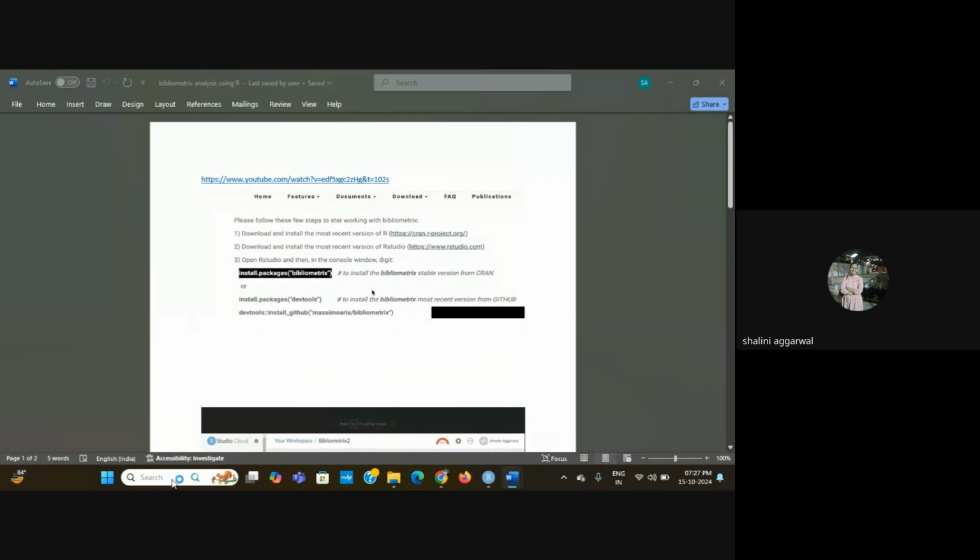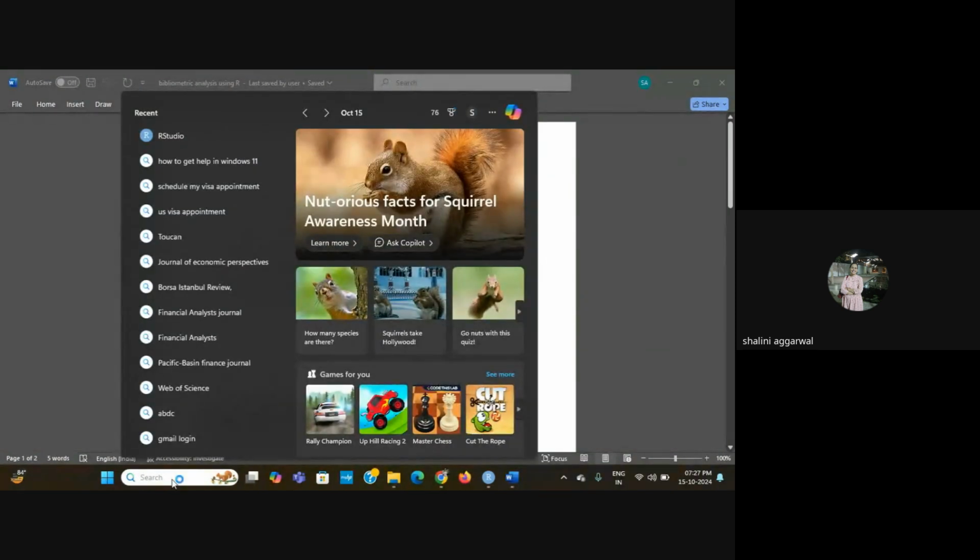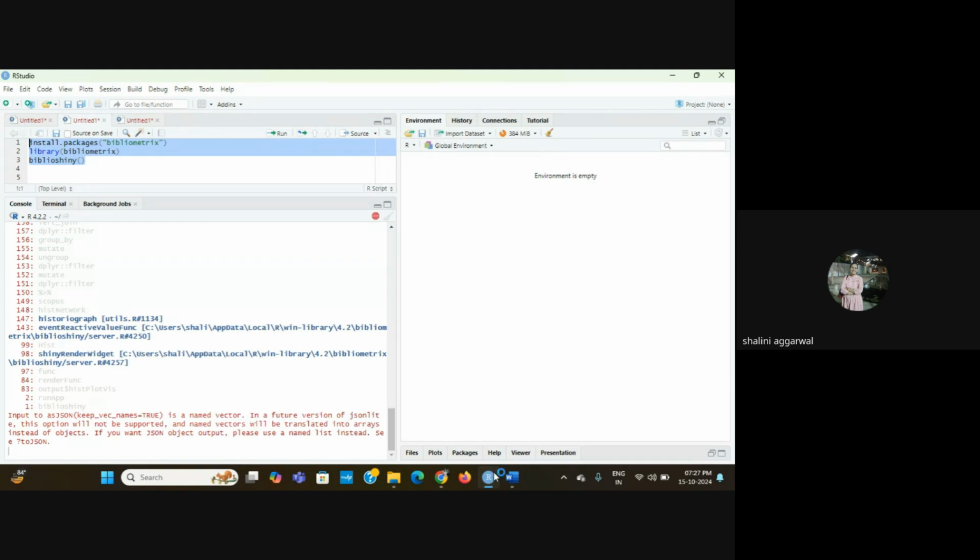If you have installed R, you can go to the search dialog box and click on R Studio. It will open a window like this, and it has 4 parts, this R Studio.